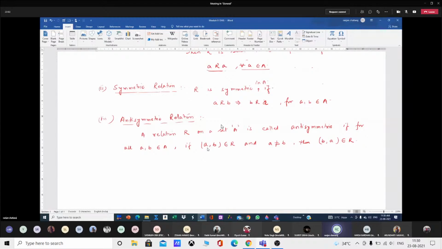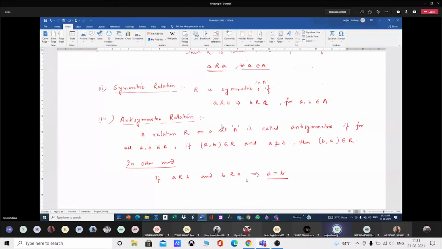In other words, you can say if A is R related to B and B is R related to A, this implies A must be B. Otherwise it is symmetric.